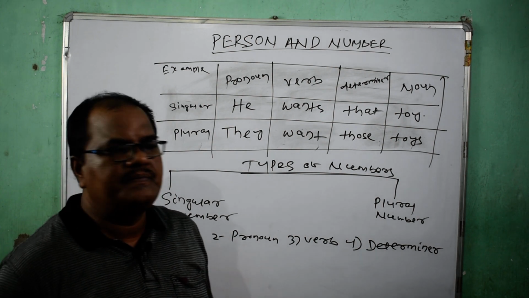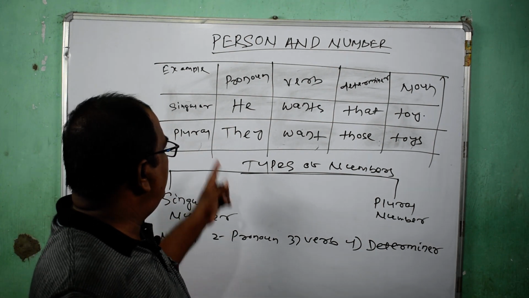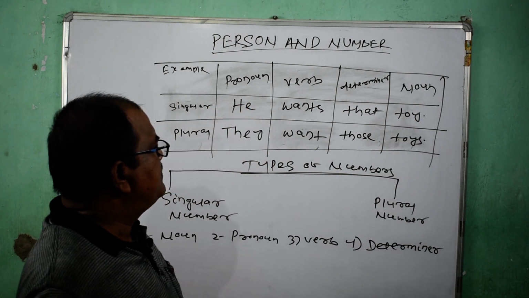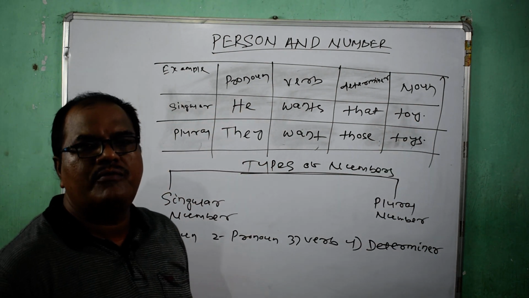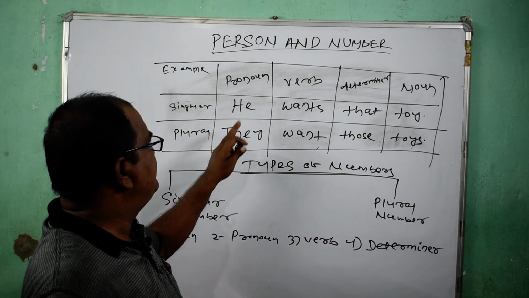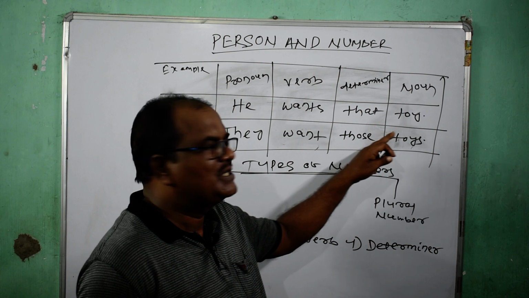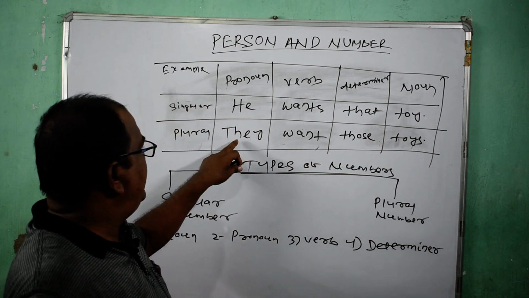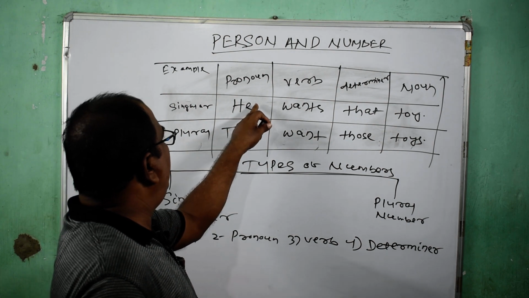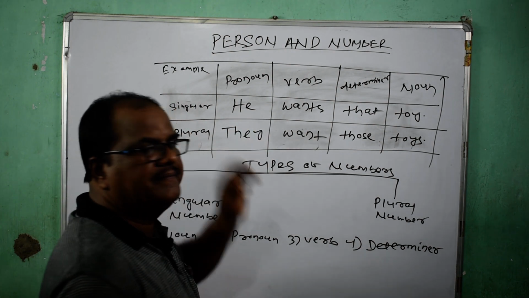Dear students, look at the second sentence, in which there are also four words: they, want, those, and toys. They is the pronoun which is the plural form of he.